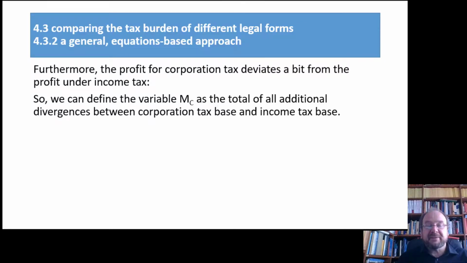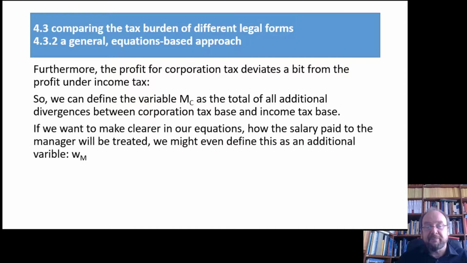So it might be better to say, okay, we look at the profit before the manager's salary is paid. That is equal for income tax and corporation tax. And in case of a corporation tax, we can then still deduct the wage for the manager. So we might define that as WM, wage for manager. So then you have the following tax base.